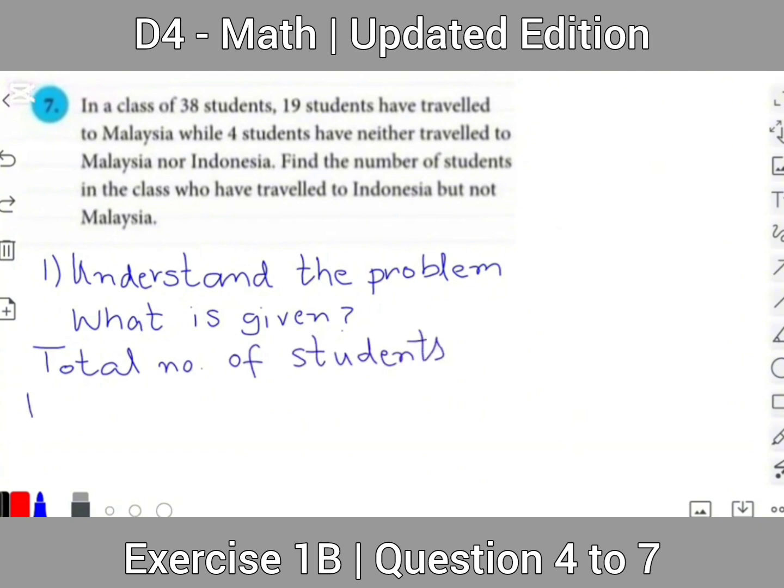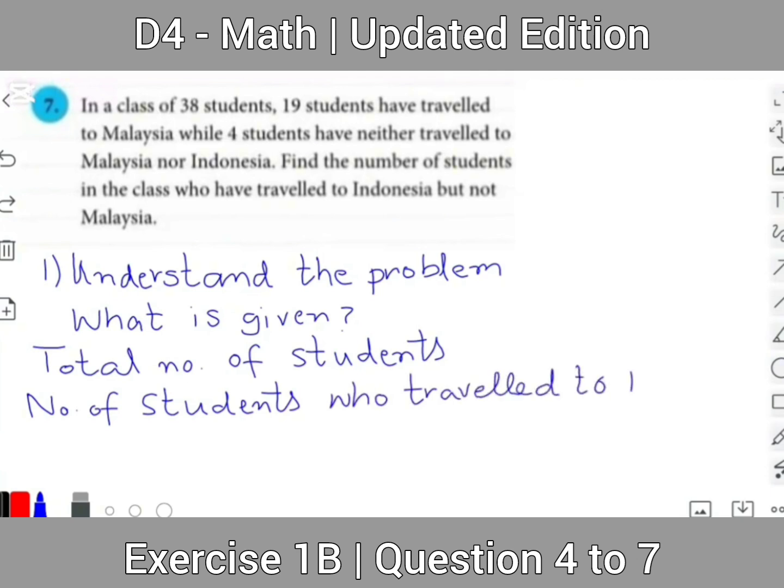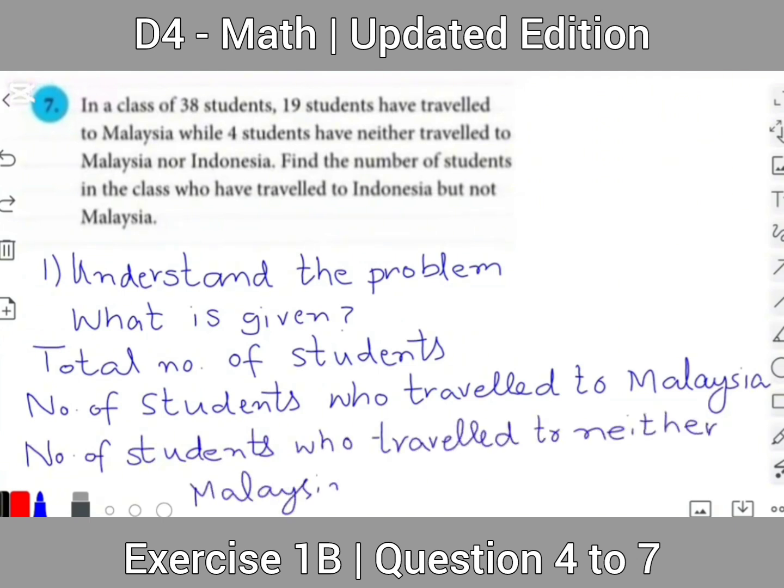Secondly, number of students who traveled to Malaysia. Number of students who traveled to neither Malaysia nor Indonesia.